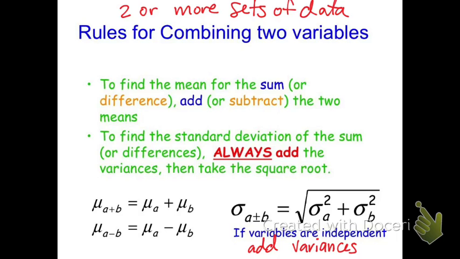That wouldn't necessarily make sense. It's for when you want to combine 2 sets of data. Like if I said, what's the total time it takes you to get ready in the morning? It takes you 30 minutes to get out of bed and 10 minutes to brush your teeth and 20 minutes to drive to school. So you would combine all of those averages together.